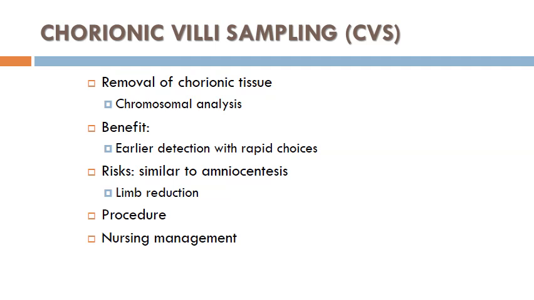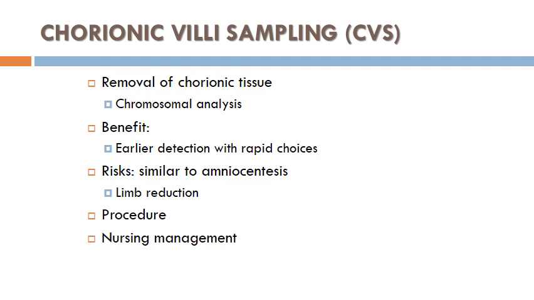There's a risk though if it's done too early, because we're talking right now about 8 to 10 weeks. But remember, when the organs form, when the limbs form, that's right around that 7th to 9th week. So there is a risk that it could cause some limb abnormalities during that important fetal development time, during that crucial embryo stage.